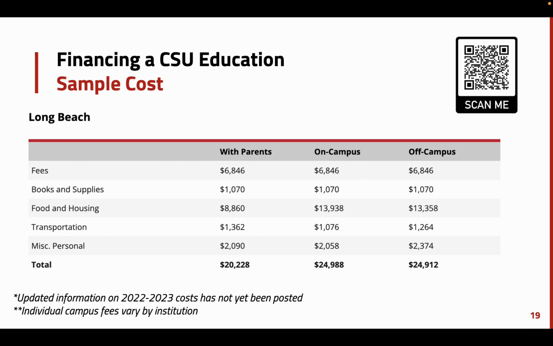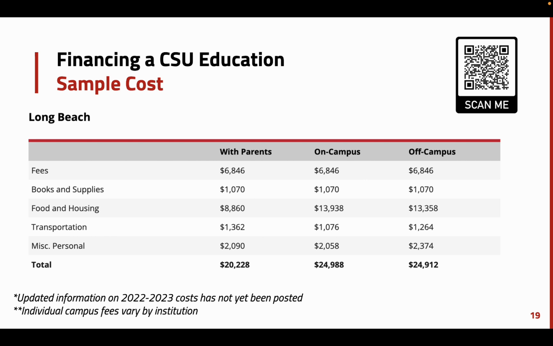And so we have an example of Long Beach looking at the various costs for living with parents, living on campus, off campus, and you'll see that food and housing changes with those different options, but things like fees and books would stay the same, but things like transportation could obviously shift a little bit depending on your particular situation.